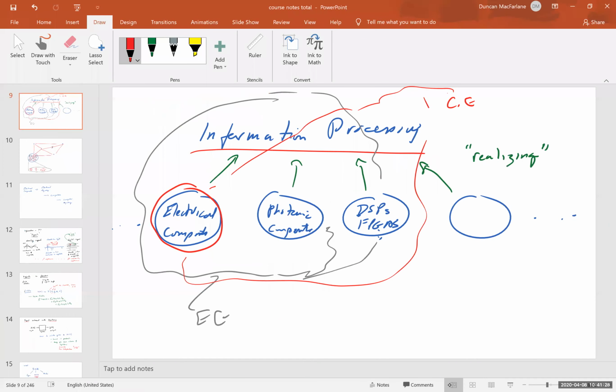So the signal flow diagram lives at this information processing level. And then we realize that abstraction with circuits, either made out of electrical components, made out of photonic components, or some digital code that we can move into hardware.